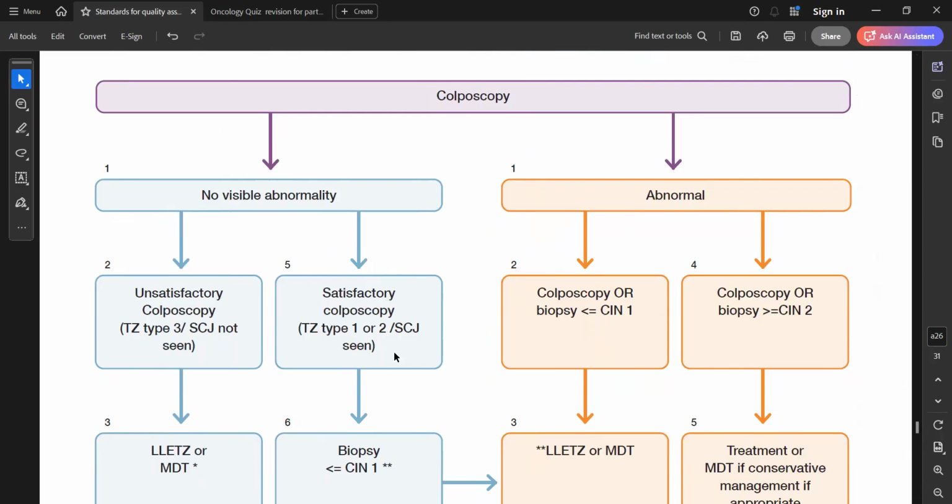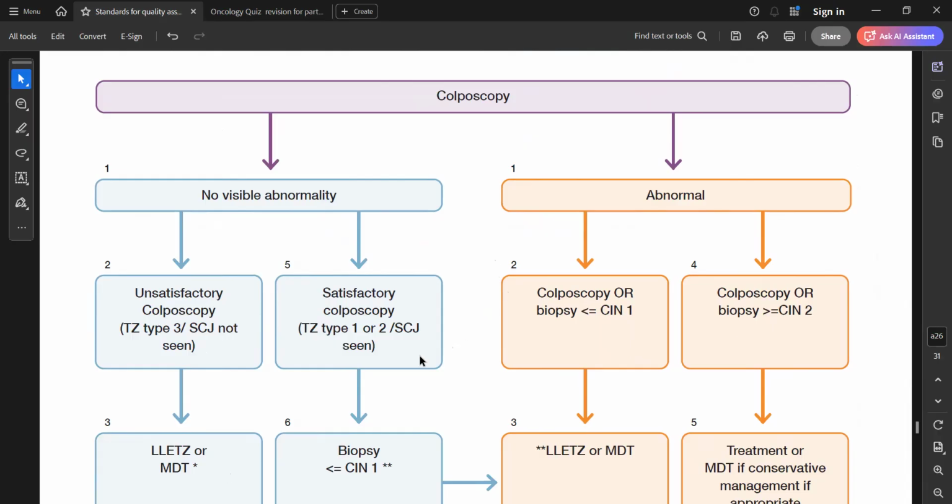Satisfactory means I can see the borders, and this usually happens with transformation zone type 1 or 2. Unsatisfactory colposcopy is usually what happens with transformation zone type 3. In case of unsatisfactory colposcopy, I'm going to offer management, or if the patient is refusing management, we can hold the test.